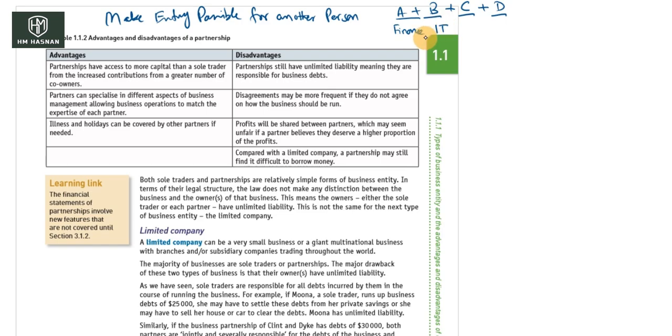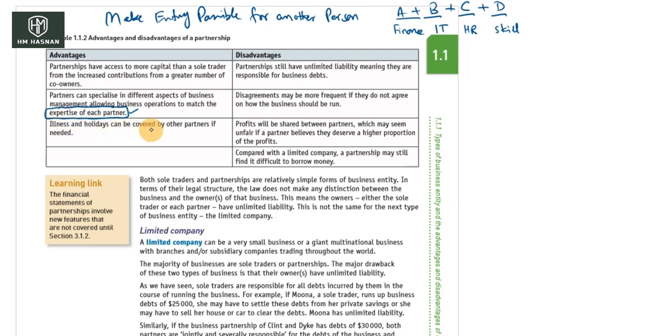For instance, we need some HR person, some skilled person. So if we lack expertise, then we can hire another partner who has the specialized skill. So it's an advantage of partnership. We can hire expert people according to the needs of our business.